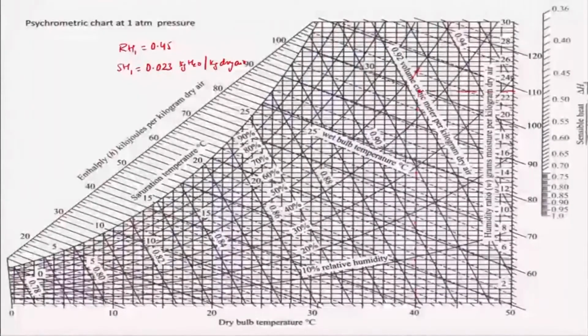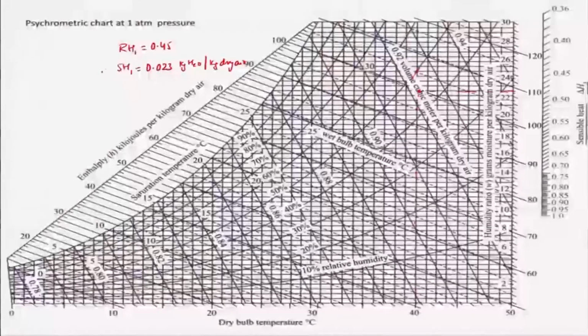So earlier how much did we get? From calculation we got SH1 equal to 0.0237, and this is from the psychrometric chart. There is an error, of course, but it is very quick.